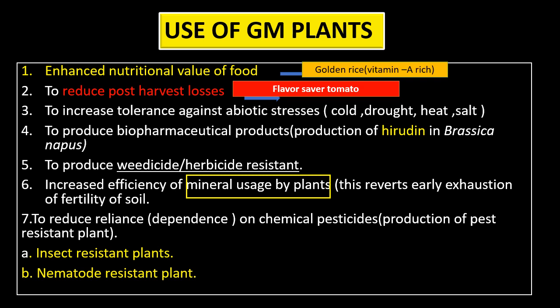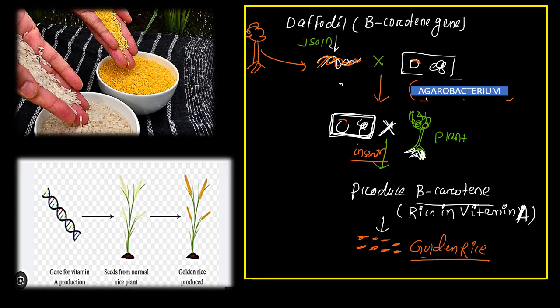The first one is enhanced nutritional value of food, known as golden rice or vitamin A. So what is golden rice and vitamin A? One example of the application of biotech in crops is producing golden rice. This is normal rice and this is golden rice.